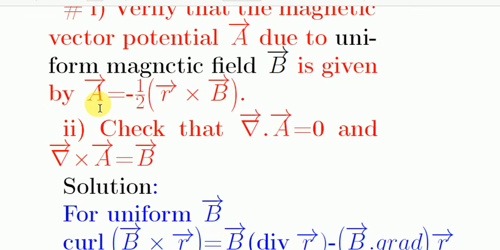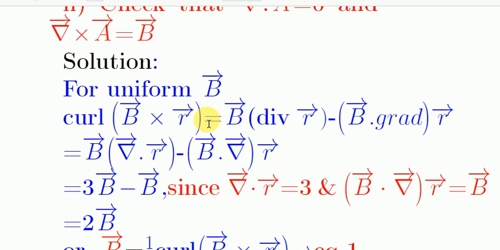We also have to show that del cross A equals B, where B is the uniform, constant magnetic field and A is the corresponding magnetic vector potential. This is the problem, so let us see the solution.